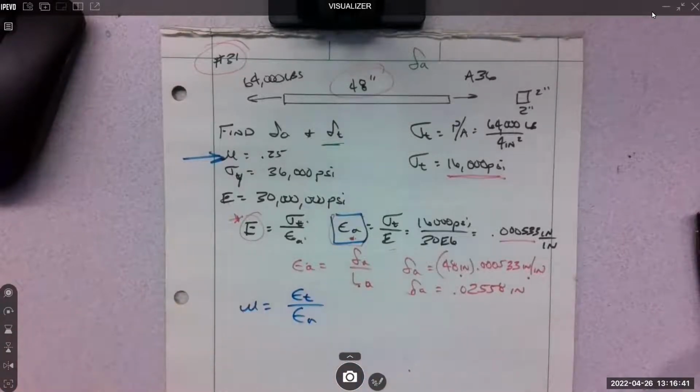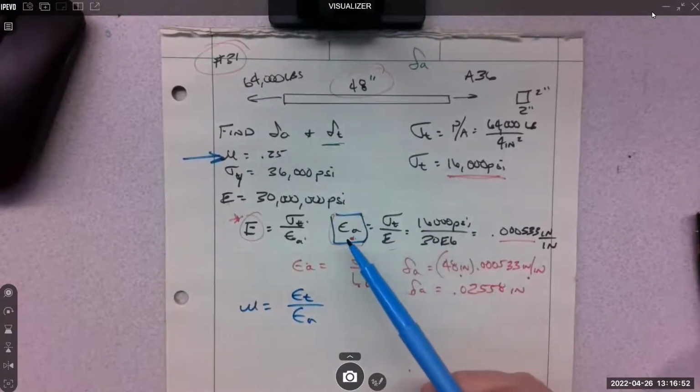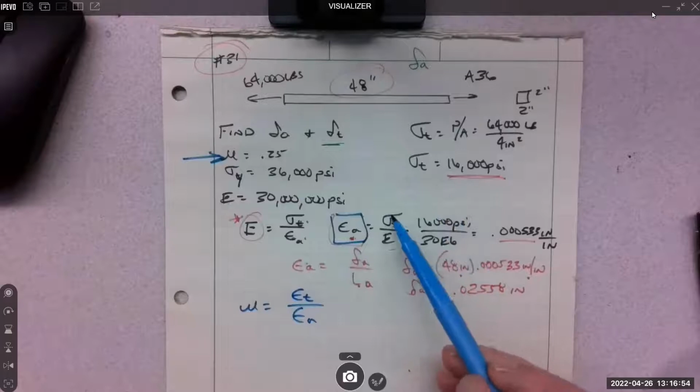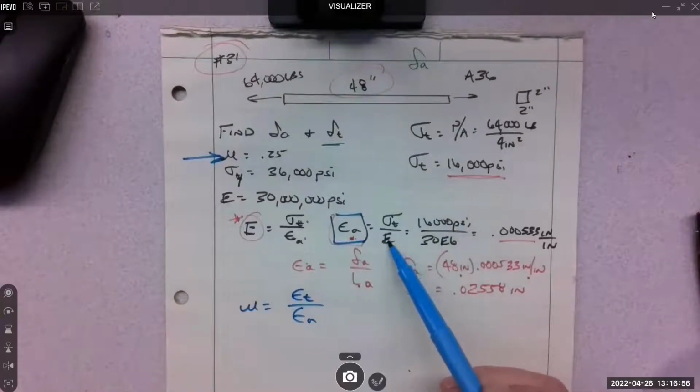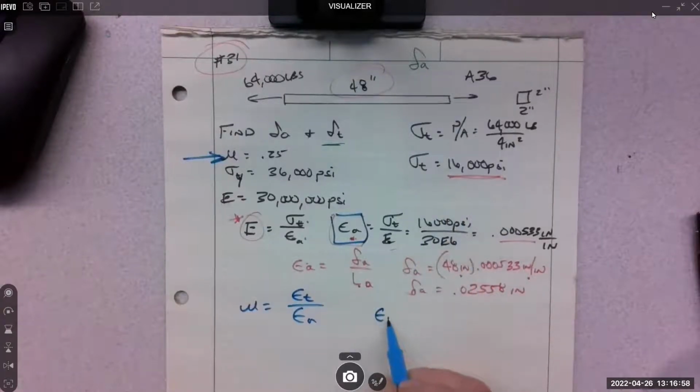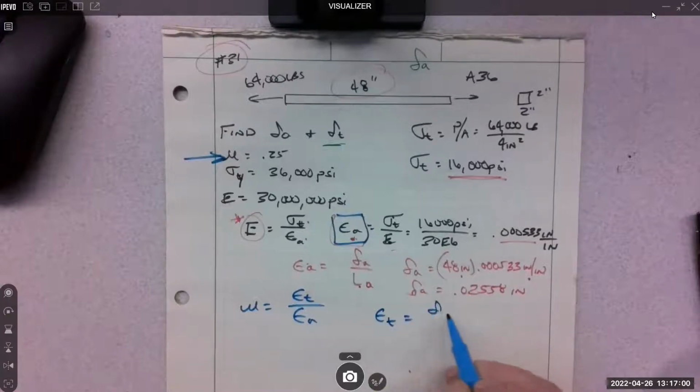So that's the material property that helps us find that cross-sectional change. And we know that strain is equal to a couple things. It's equal to stress over E, but it's also equal to the change over the original, right? The change over the original.